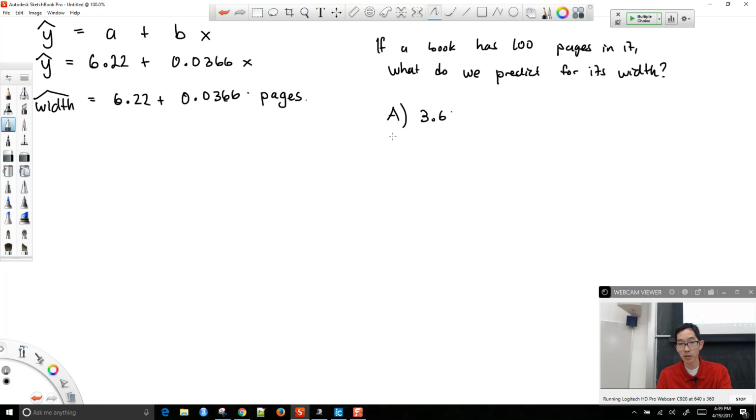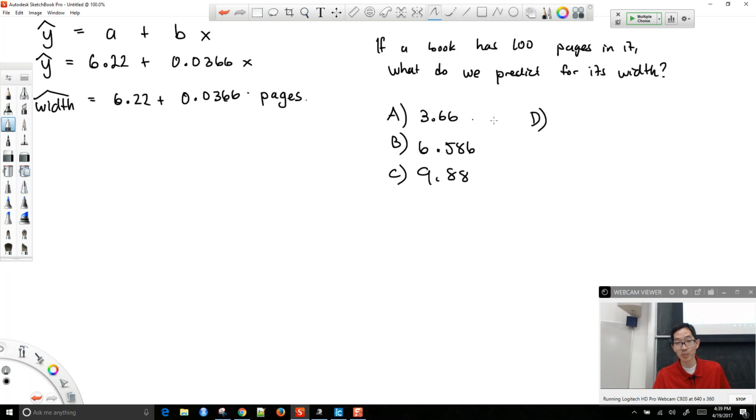Your answer choices will be 3.66, 6.586, 9.88. Is this in inches? This is in millimeters.